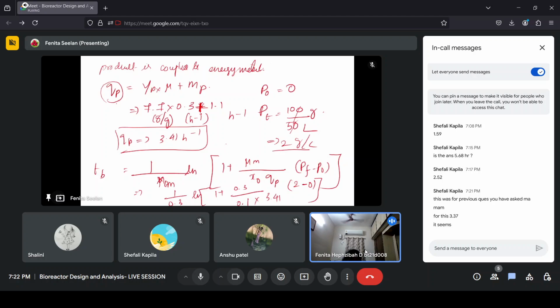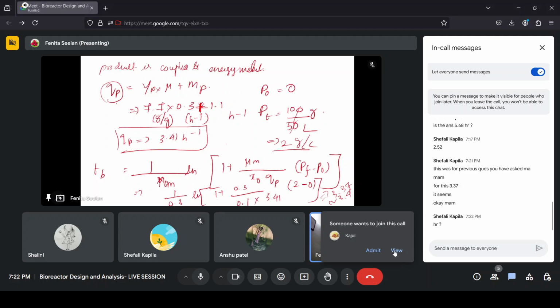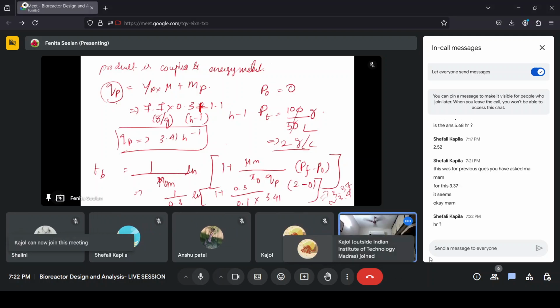Yes, yes, exactly. 3.37, right. Right, Shifali, your answer is right. It's around 3.7, we can assume it as 3.4. What is the unit? Yes, hour. Right, exactly. So that's all for today's class.